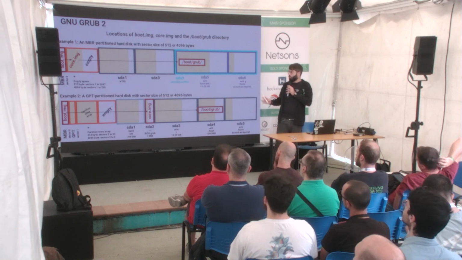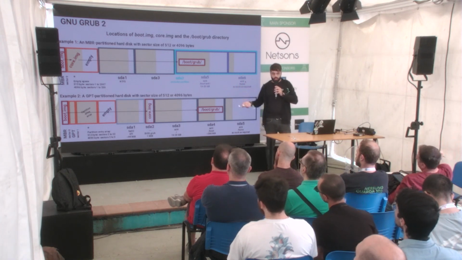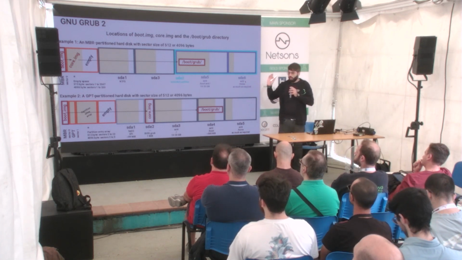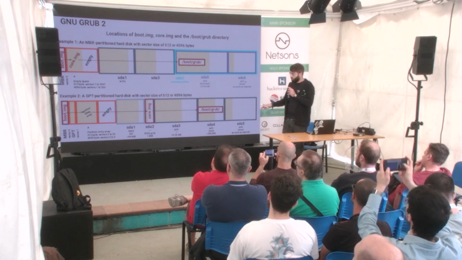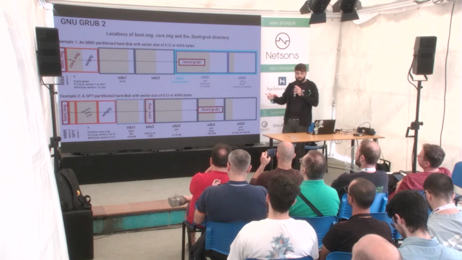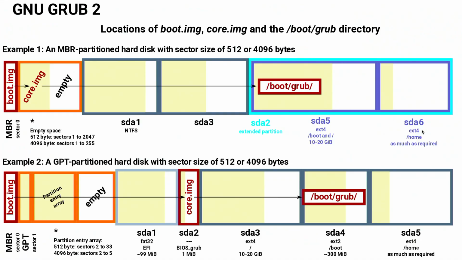Let's see just a little bit more details about the difference between MBR and GPT. So in this case, we are still using the BIOS, no changes from UEFI, just MBR versus GPT. We can see that the first part, this is the entire disk. The first part of the disk is the MBR sector, and it is true for both the MBR and GPT. With the MBR partition, the hard disk is going to boot, so the first stage of the BIOS, MBR is read, the MBR then stage 1 loads stage 1.5, the stage 1.5 loads stage 2, and so on.